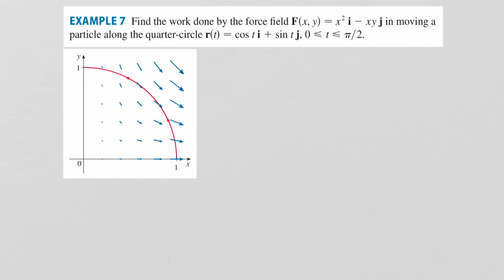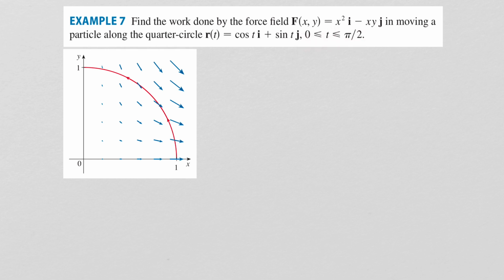Find the work done by the force field F of x, y is equal to x squared times i minus xy times j, moving a particle along the quarter circle, r of t equals cosine of t times i plus sine of t times j from 0 to pi over 2.